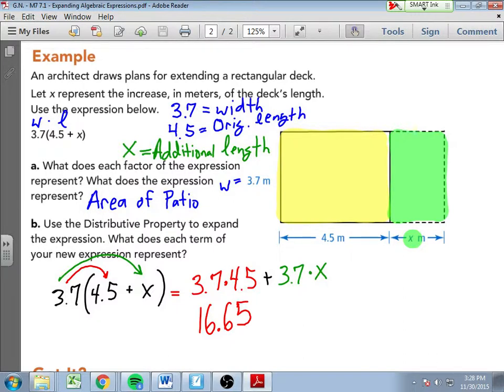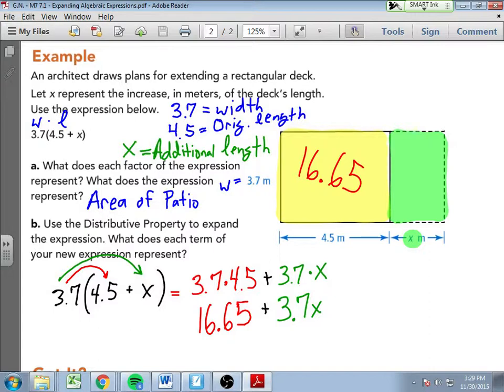That number, the 16.65, is the area of this portion of the deck. The 3.7 times x, well, I can't multiply that any further. I just keep it as 3.7x.